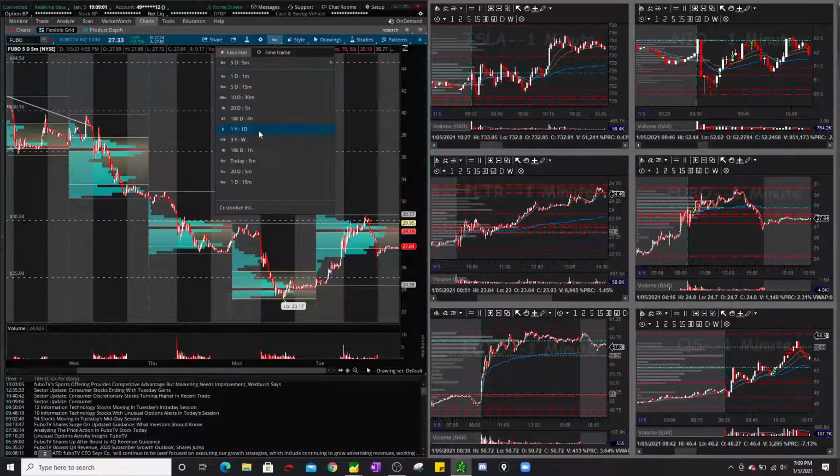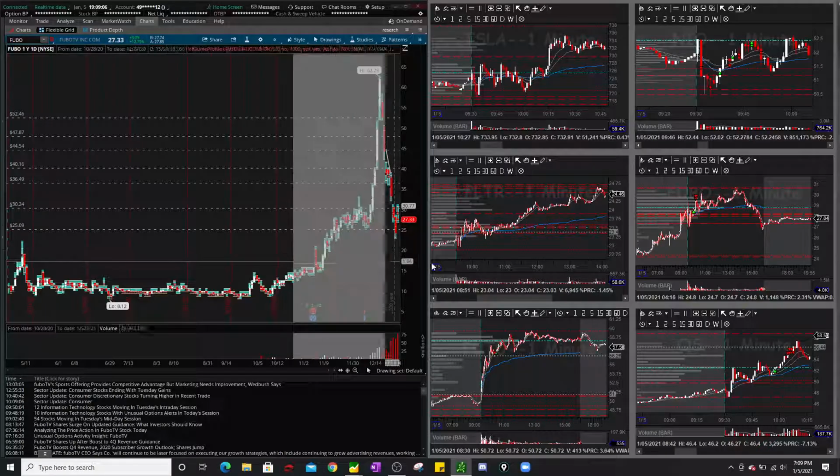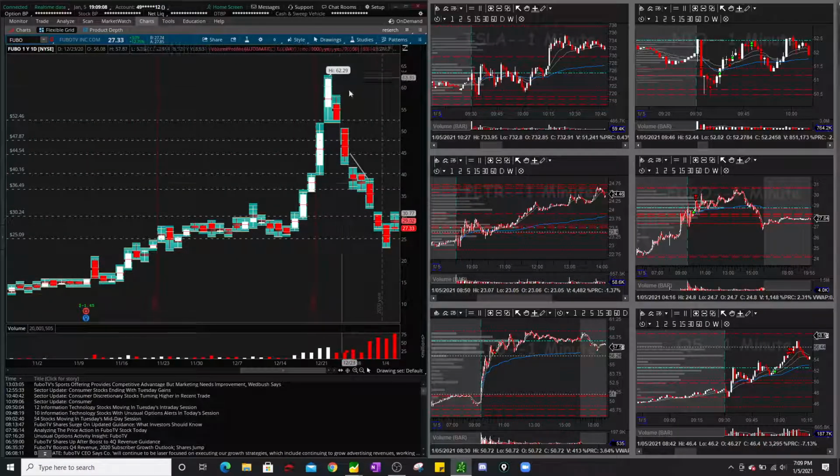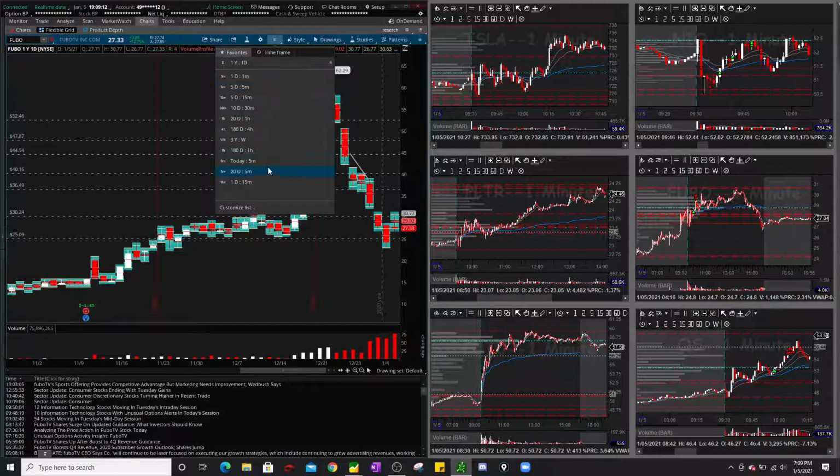FUTO, I'm not gonna cover that one. FUBO, as you can see, we were oversold from 62 all the way down to 23. That's a big percentage drop, over 70%. So what we can anticipate on stocks like this is potential bounces at some point, potential short covering when we're coming into some of these areas, right?